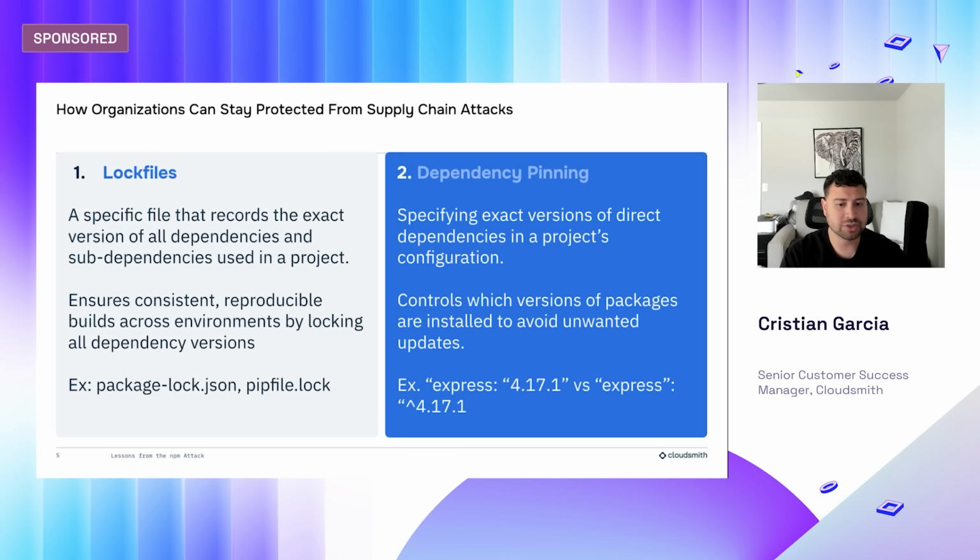However, some organizations choose to maintain strict pinning even in non-production environments to mirror production closely and catch issues early. So there is a trade-off between control, pinning for consistency, and agility, flexibility for updates. There are tools in the industry to help with this, but I hope this illustrates the different ways organizations can stay protected from dependency attacks, supply chain attacks.